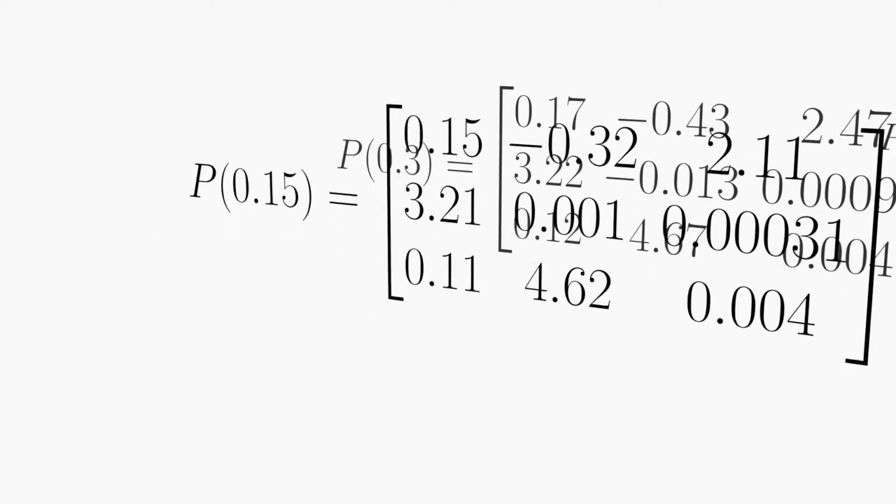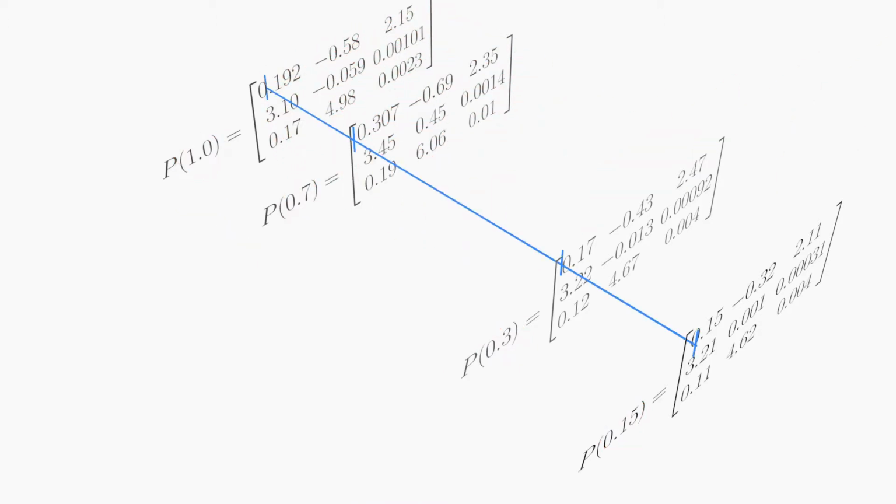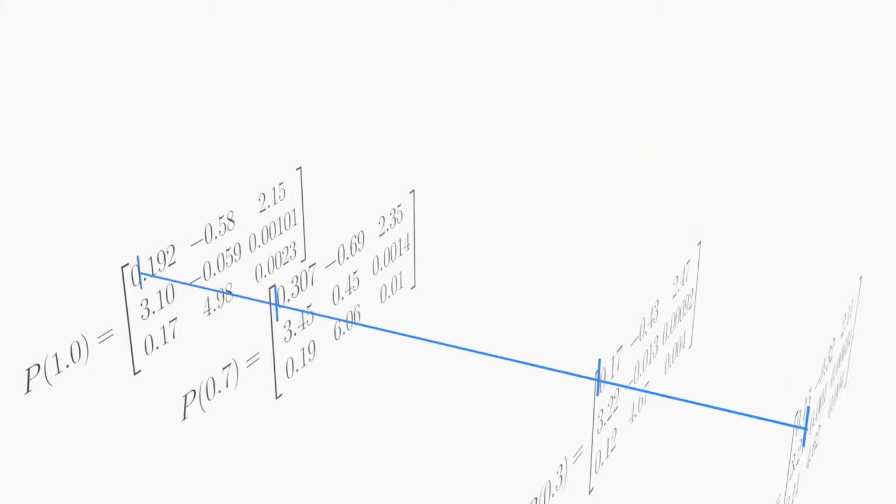Here are our local LTI models corresponding to different values of the scheduling parameter. Now we want to be able to tell the state space matrices for the scheduling parameter values in between, which we can do by interpolation. We interpolate by B-spline fitting.